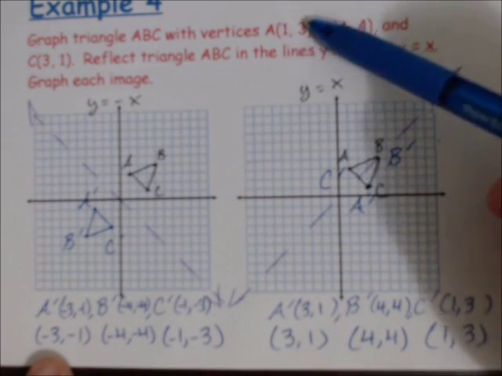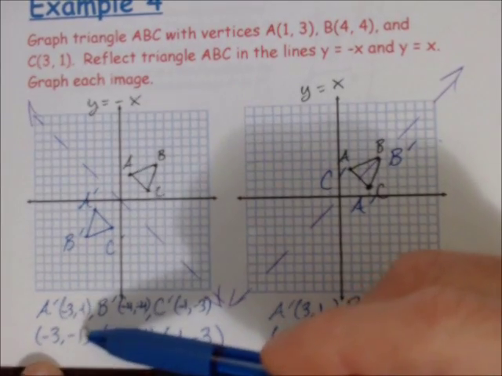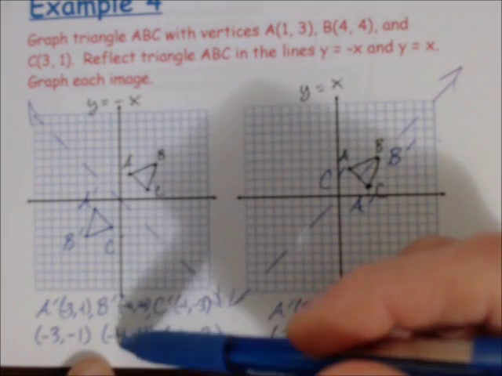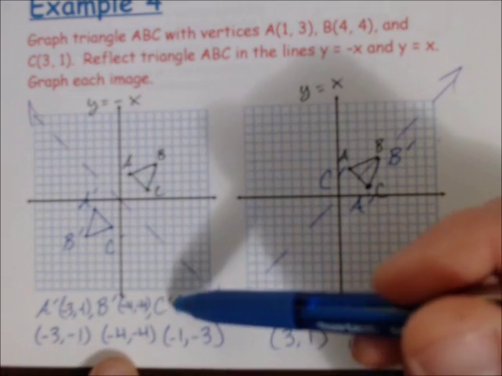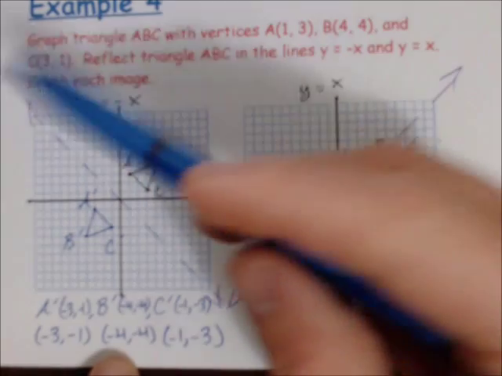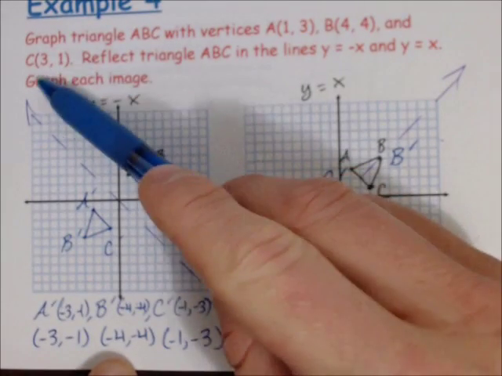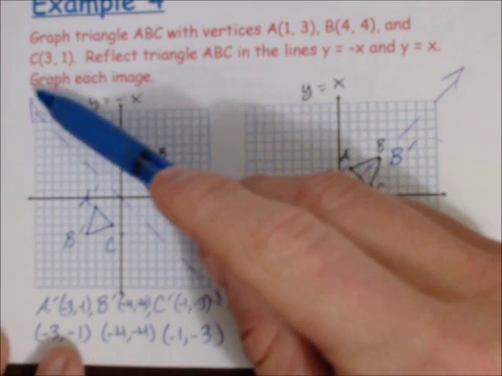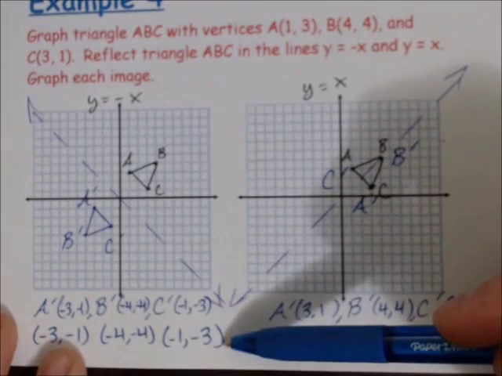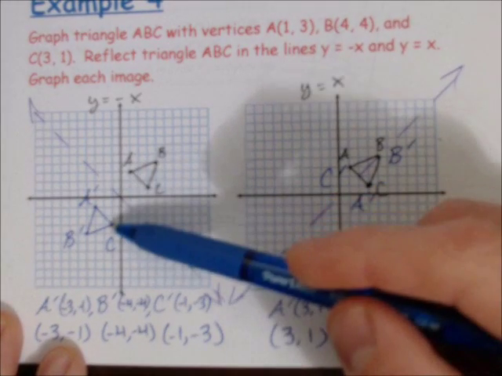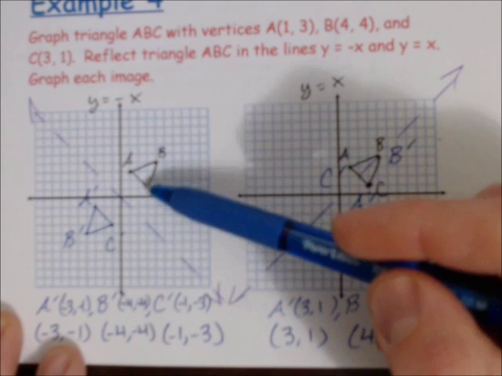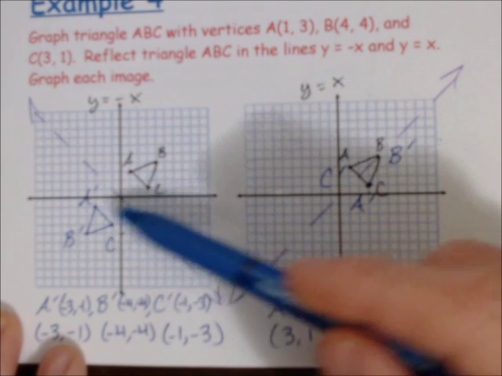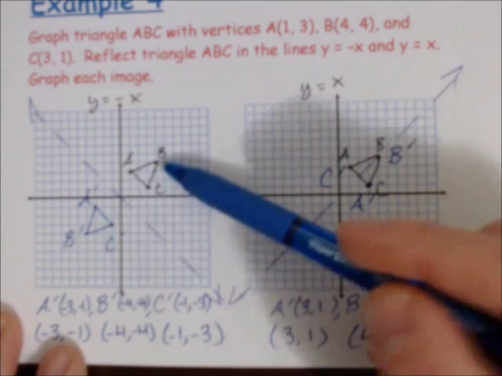So instead of 1, 3, we get negative 3, negative 1. For B, that was 4, 4, so we get negative 4, negative 4. For C prime, since C was 3, 1, we're going to switch them, which would make it 1, 3, and then change their sign. Negative 1, negative 3. Then graph that new figure, and it should look like a reflection about that line. Once again, distance should be preserved, so they should be about the same distance from that line of reflection.